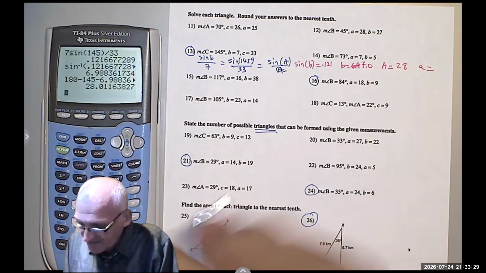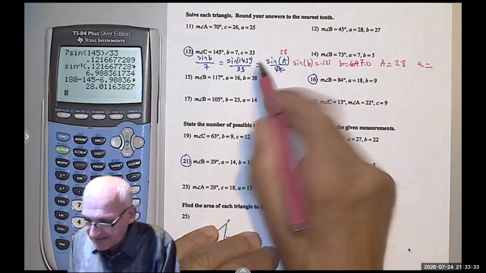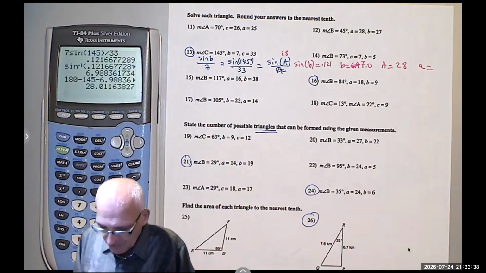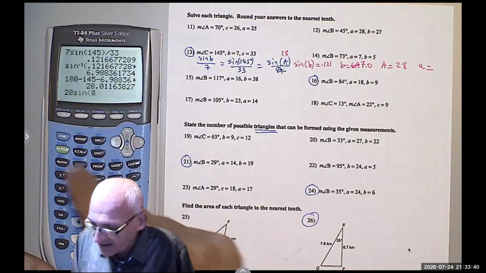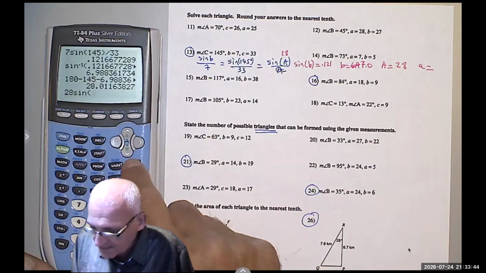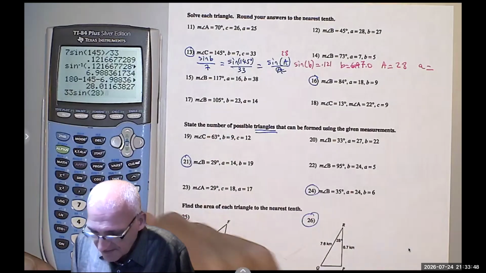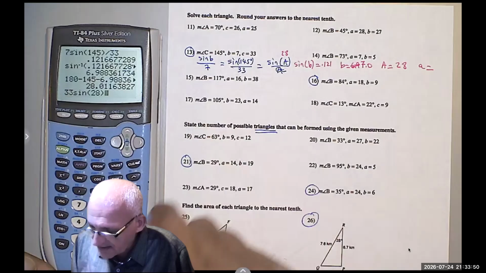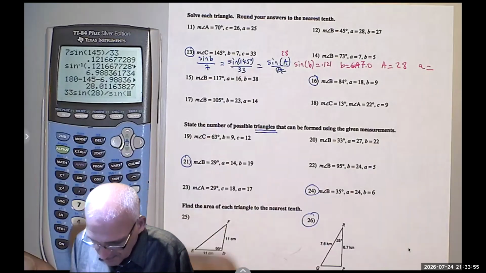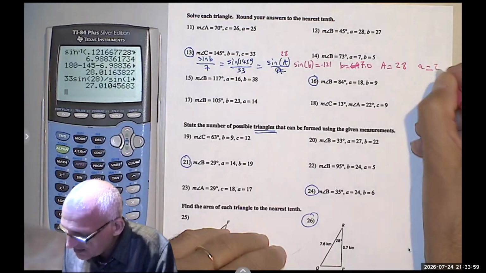And then if this angle is 28, to find A, I'm going to say, for example, 33 sine 28 over sine 145. Oh, I'm sorry. No, it's 33 sine 28 divided by sine 145. So that gives me 27 units.